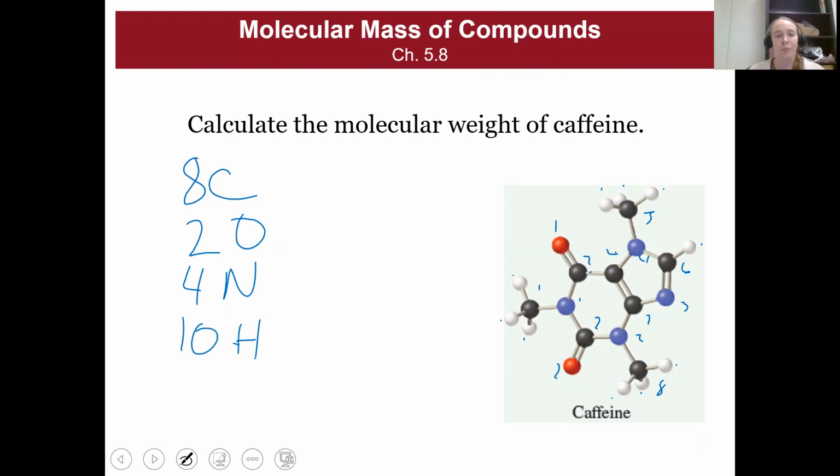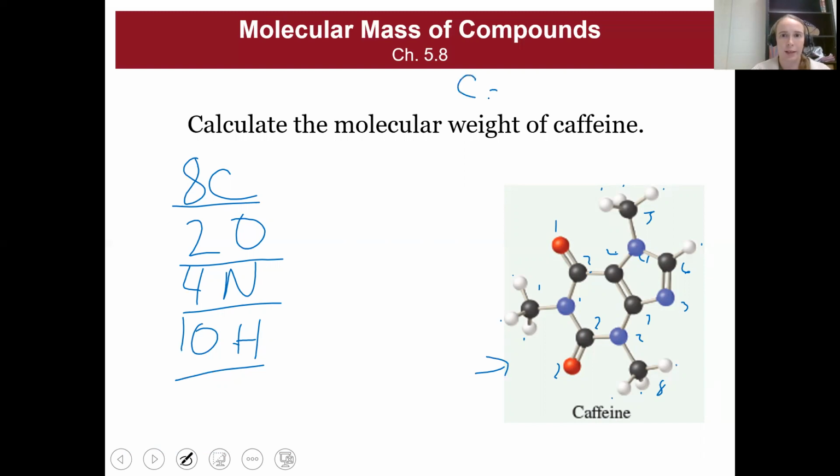Alrighty, so to calculate the molecular weight, we want to know how many atoms of each type are in our molecule. So this is 1 molecule of caffeine. To calculate the molecular weight, we just want to use these numbers. We don't even have to write the molecular formula. We can if we want.